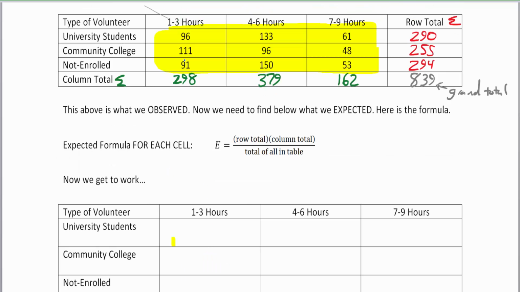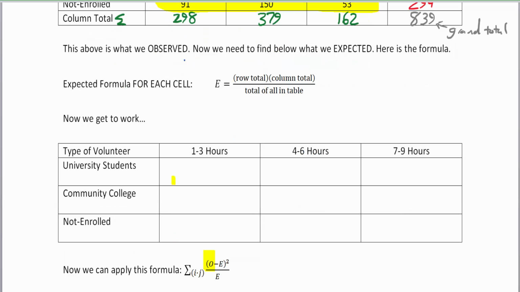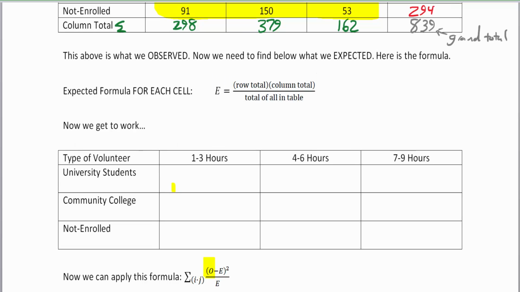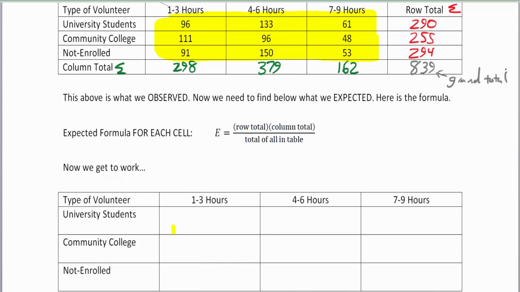Now, expected is going to be what we find in this table, and we have to use the expected equation here of row total, column total, and total in all table. And that will give us this brand new table down here. And let me methodically go through this with you, because this is going to take a little bit of time.